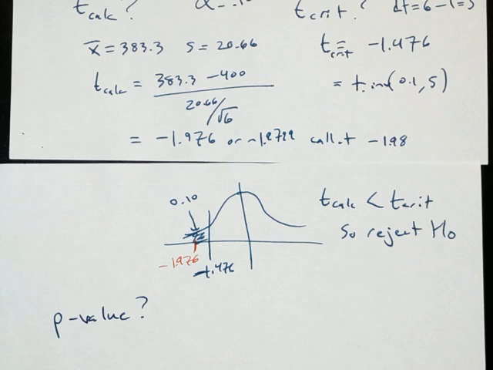To the left of the 1.496. So what if I only shaded in the stuff that was to the left of this number? How much area would that be? So grab your t-distribution. Now our t-distribution is problematic in that it only gives me certain t-values, right? I can't use it the same way I use the z.